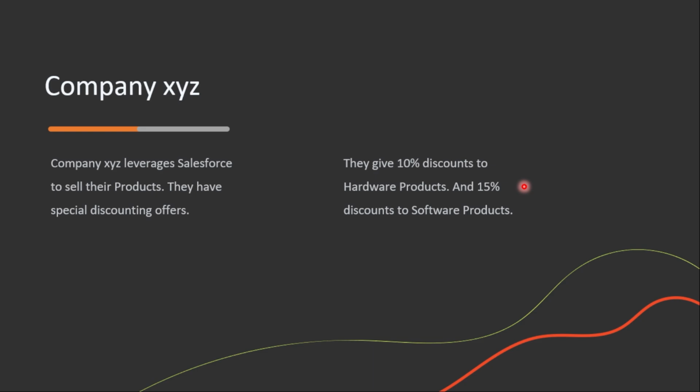For hardware products, you'll only get a 10% discount no matter what profile you are in. In these kinds of scenarios, we can create list custom settings.